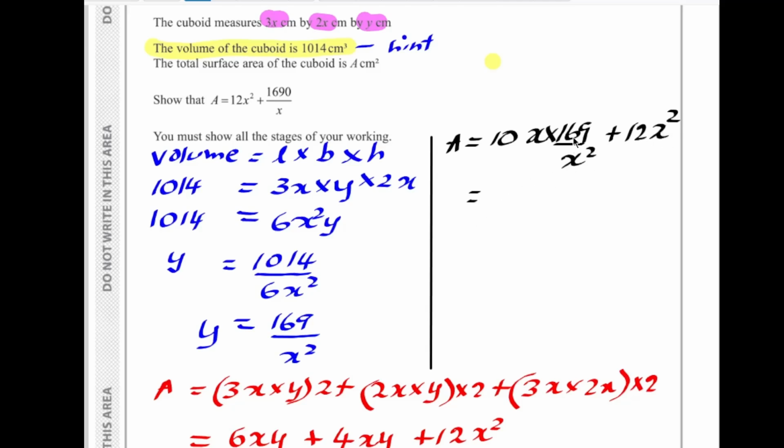So here, 169 into 10, 1690. Now I'm so close to the answer. This is x squared, then I gotta cancel one x from here. Then it is 1690 over x plus 12x squared. This is what we are asked to show.